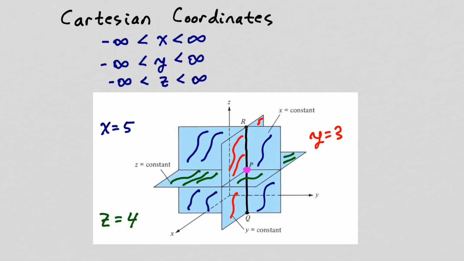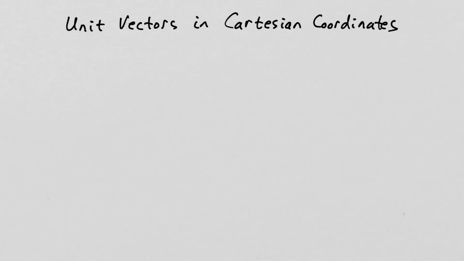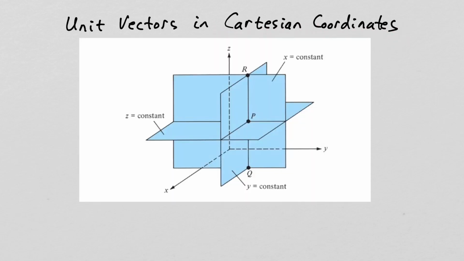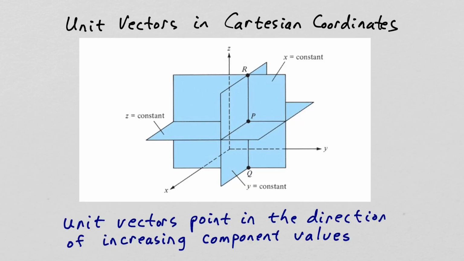Let's look at how we define unit vectors in a coordinate system, in this case the Cartesian coordinate system. So here is our point P defined by the intersection of our three surfaces. A unit vector points in the direction of increasing component value. So if x were increasing, the x-plane would be moving along this direction of this arrow, so that would be our unit vector in the x direction.